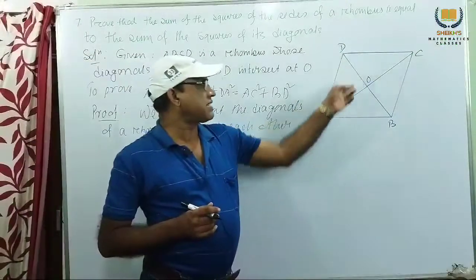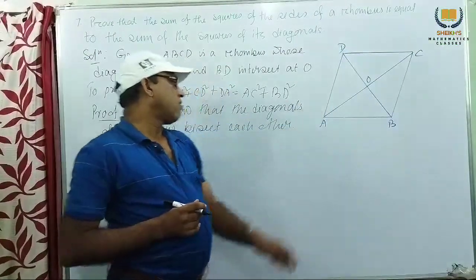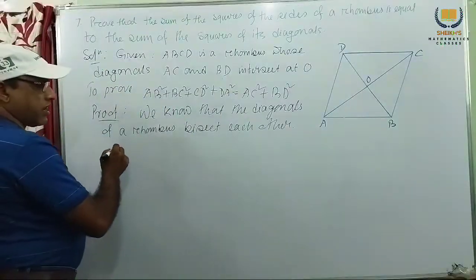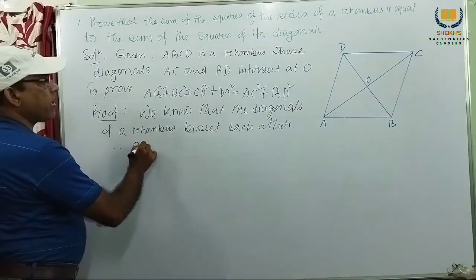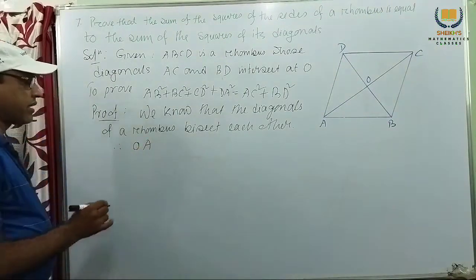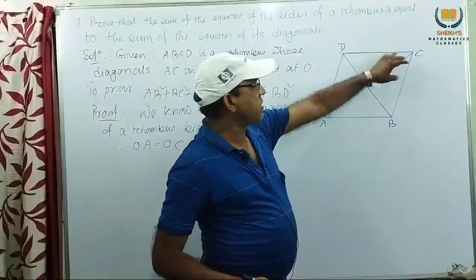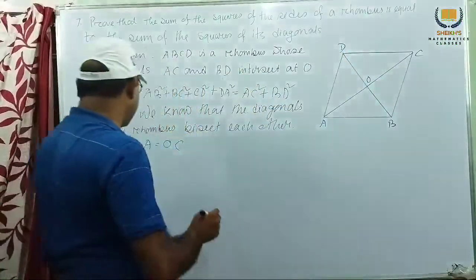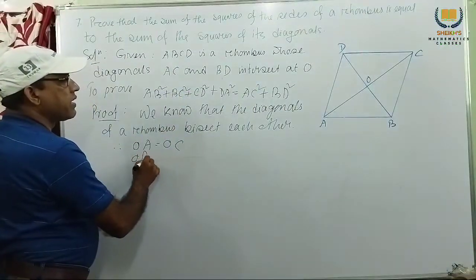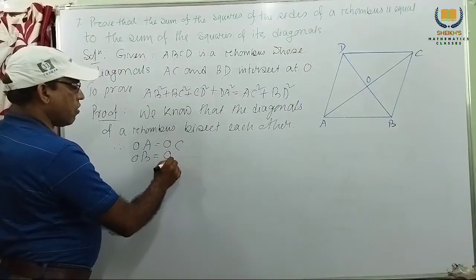So that means AC and BD bisect at O. So therefore we get OA equal to OC, OB equal to OD.